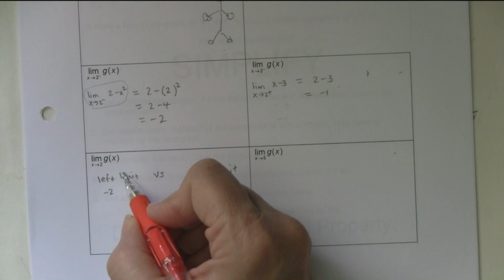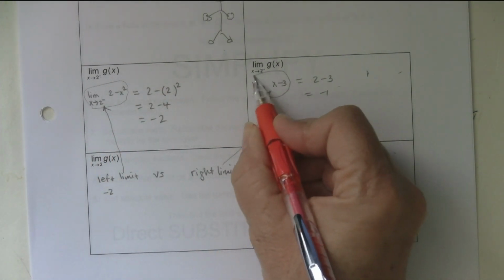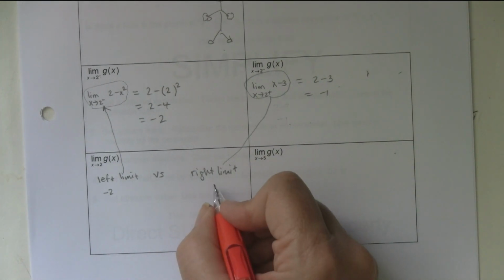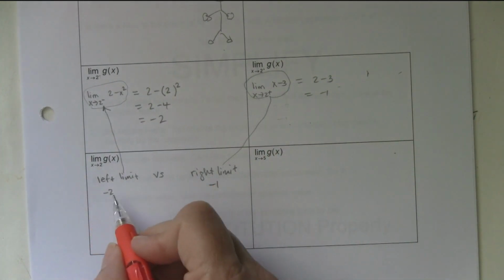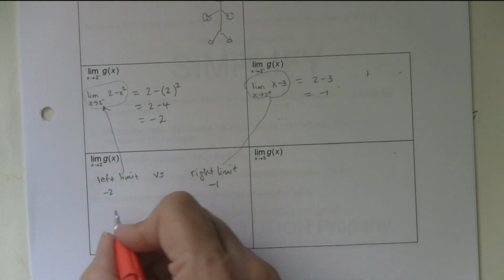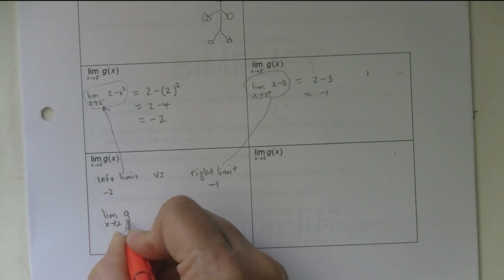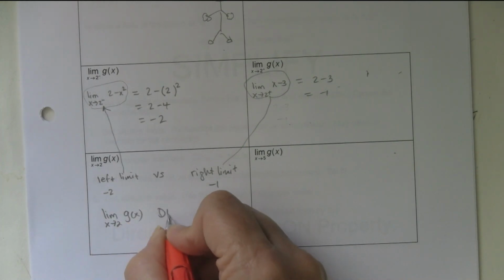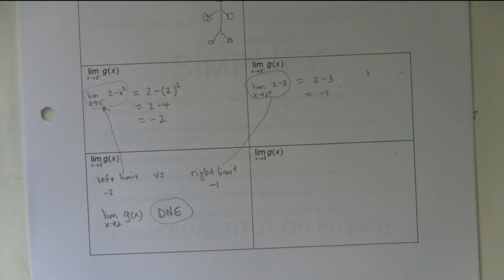The left limit was found here, and the right limit was found here, and that was negative 1. This limit would only exist if these were exactly equal to one another, which they're not. So we know that the limit as x goes to 2 of g of x does not exist. So that would be our answer.